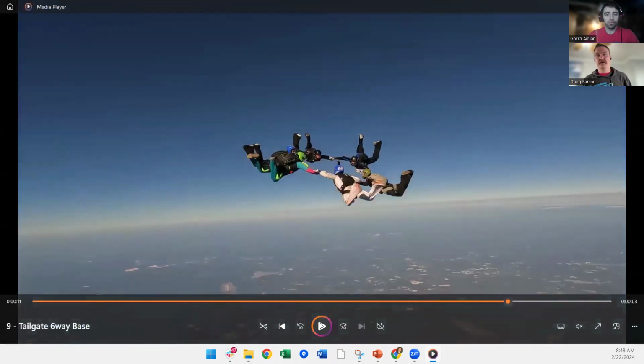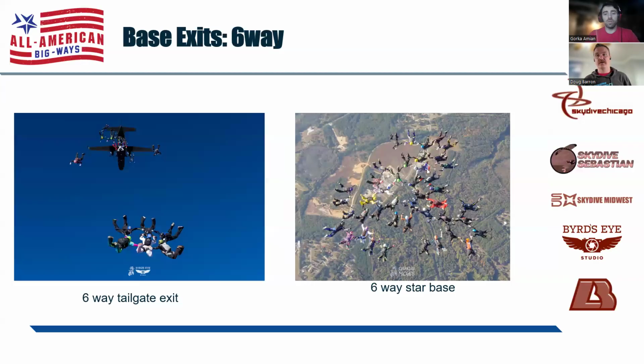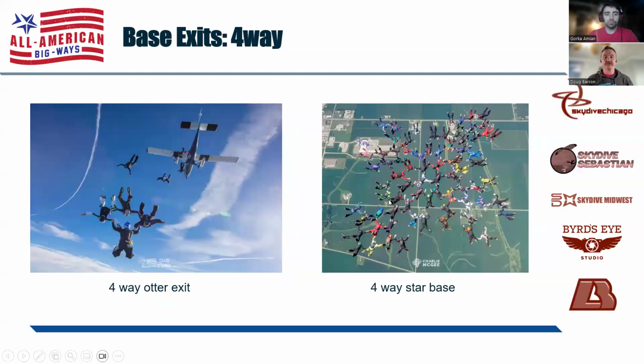Okay. And then we have a 4-way. So here is the 4-way diamond coming off the Otter. As you can see, there are the 2 organizers up and down line of flight. You'd have 1 person outside the aircraft and the 3 people inside the aircraft. We use this diamond, and then sometimes we will roll it into a star to transition.